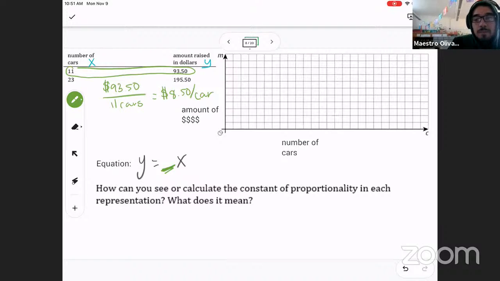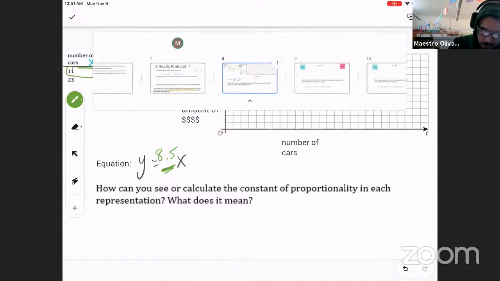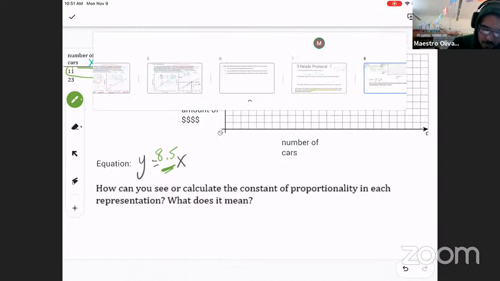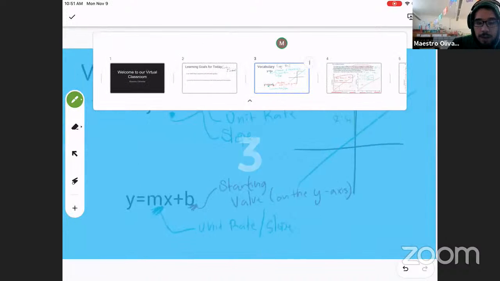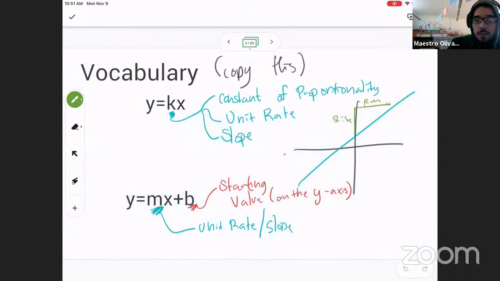Yeah. Thank you, Bricia and Enrica. We put 8.5 because that's our unit rate. That's how much each car costs to wash. If you were struggling writing out the equation, just a reminder, our notes say the equation is y equals k times x. Our unit rate is just a number in front of the x.